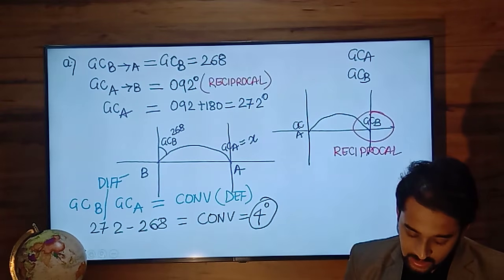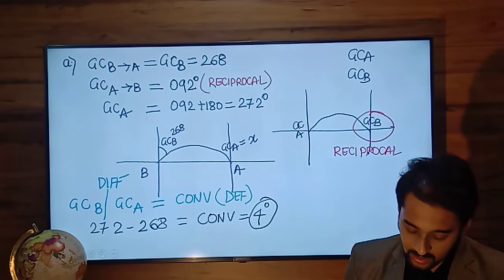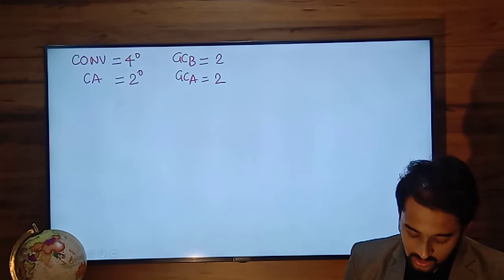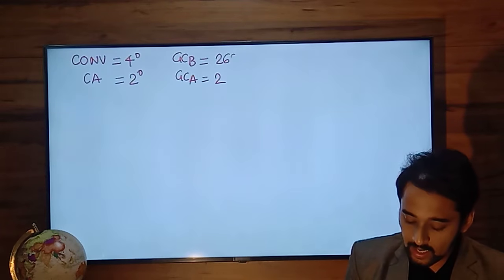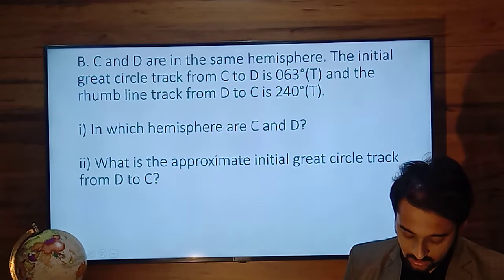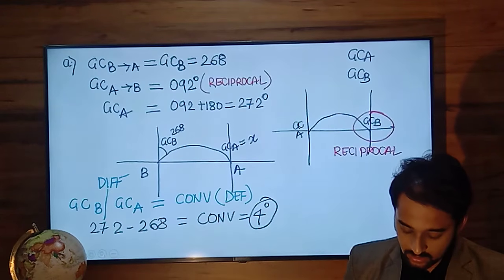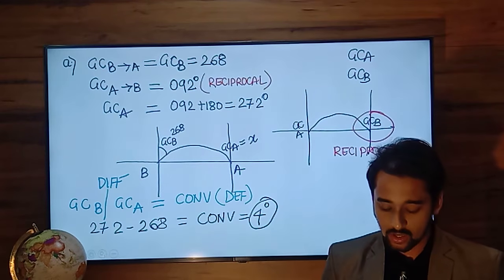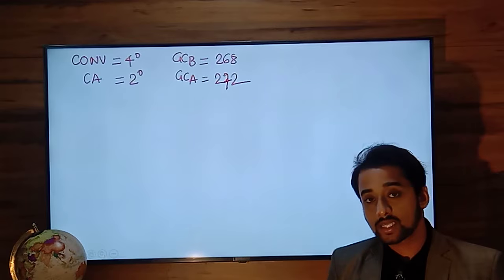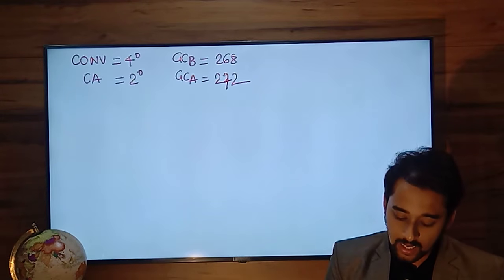At B it is 268 and here it is 272. So great circle at A, and coming back from A to B, it was how much?